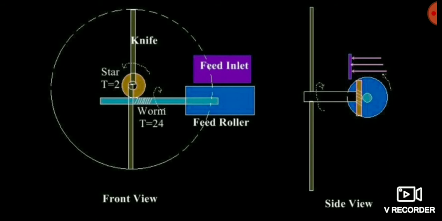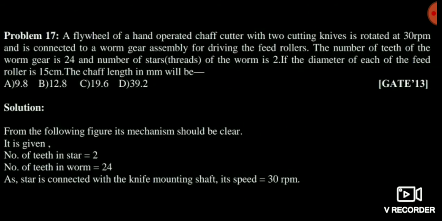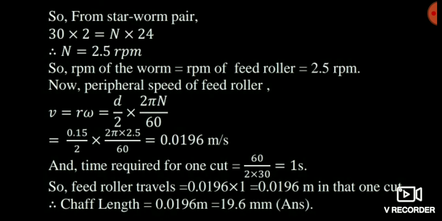The star gear is present at the center and the worm gear is in line, and the feed inlet and the feed roller are all present. In the front view of this figure, it is very clear where the star gear and the feed roller are present, so you get a clear picture of the chaff cutting machine. Now friends, you have calculated the RPM of the worm gear.